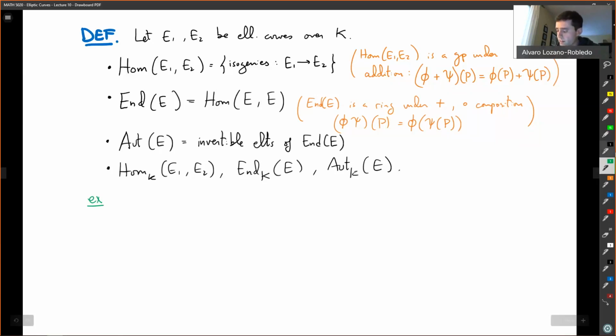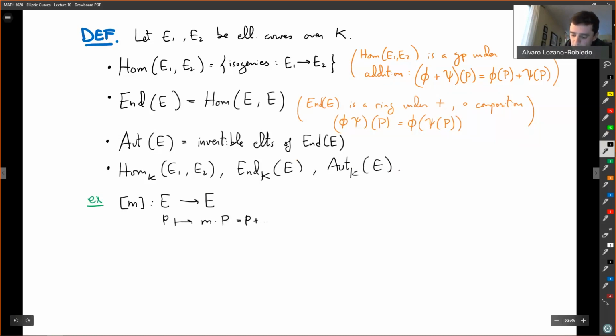We have already seen that multiplication by m is a morphism. And it is going from E to E, so it's an example of an endomorphism that sends P to m times P, so P plus P, m times.